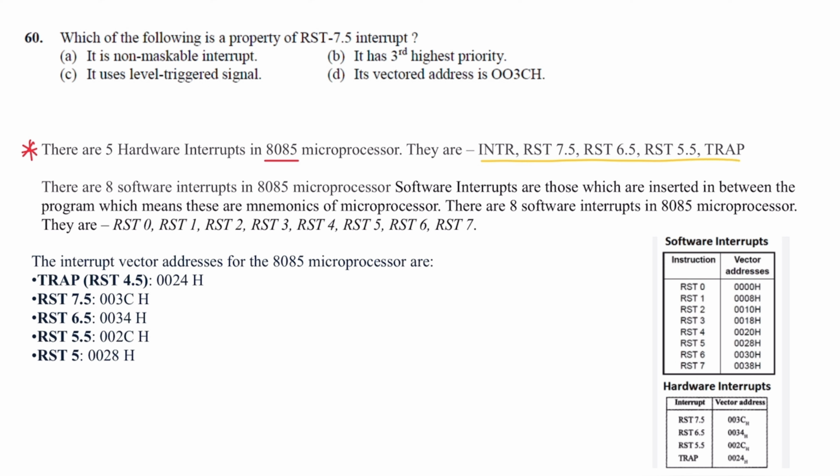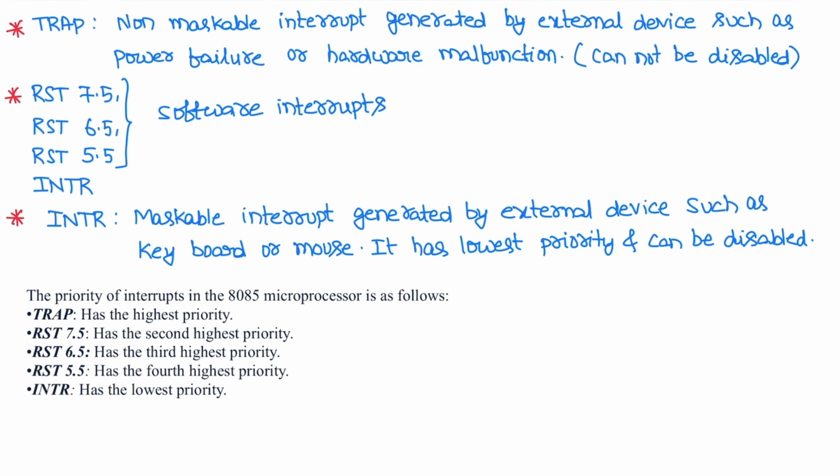The vector address of trap is 0024H, RST 7.5 is 003CH, RST 6.5 is 0034H, RST 5.5 is 002CH. The trap interrupt is non-maskable, generated by an external device such as power failure or hardware, and cannot be disabled.